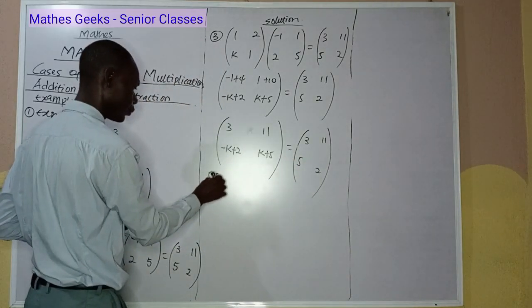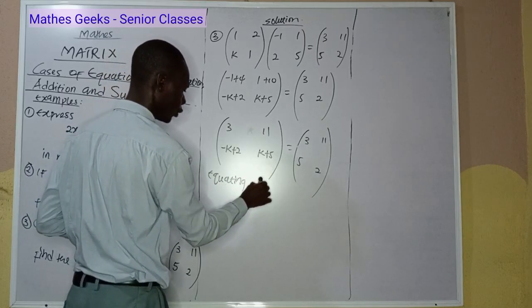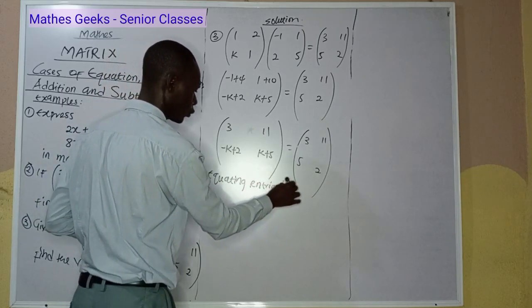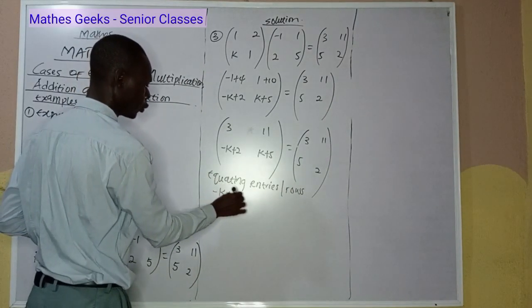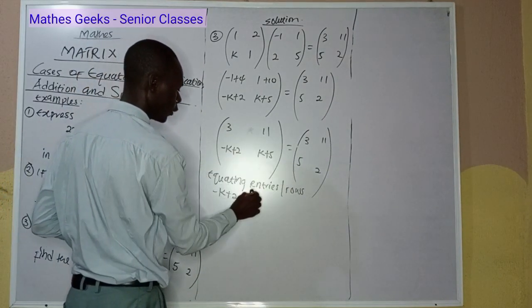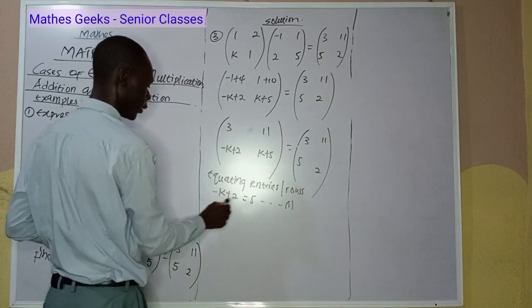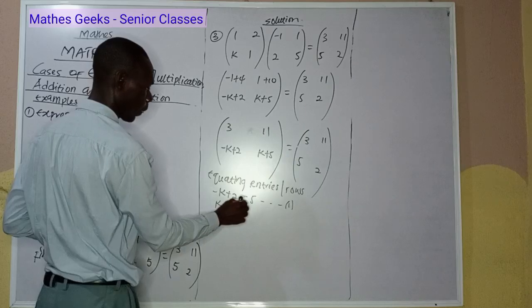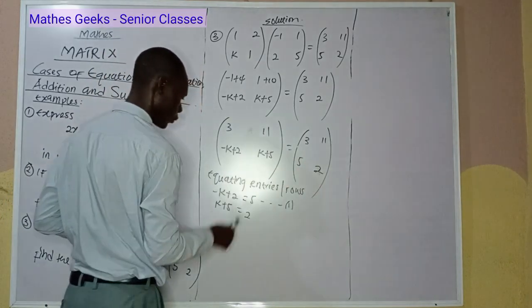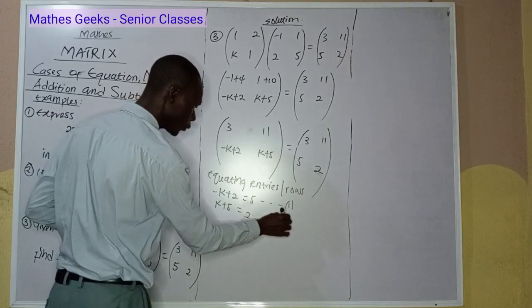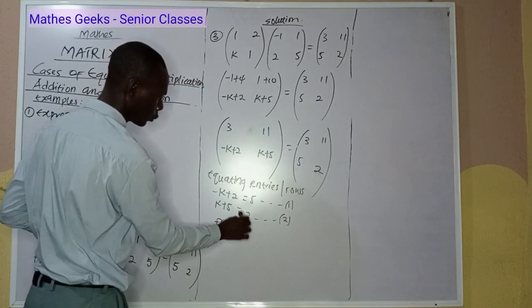So equating entries or rows, minus k plus 2 is equal to 5, equation 1, and then k plus 5 is equal to 2, equation 2.